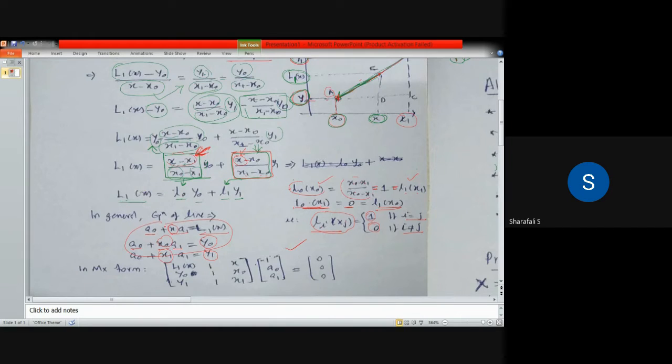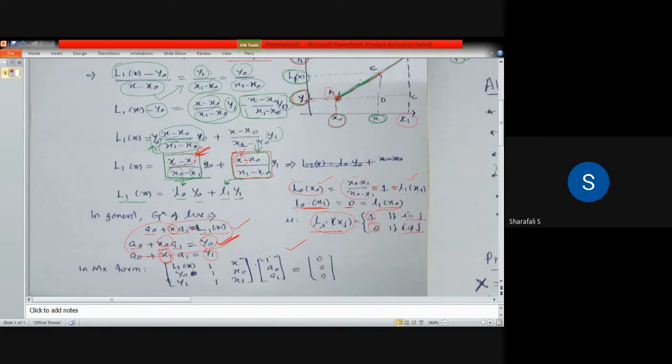So a0 plus x0 a1 will be equal to y0. That is the second equation. In general, the first equation is a0 plus any x value, x into a1, equal to L1 of x. And in the second equation, we can clearly say a0 plus x0 a1 equal to y0, a0 plus x1 a1 equal to y1.